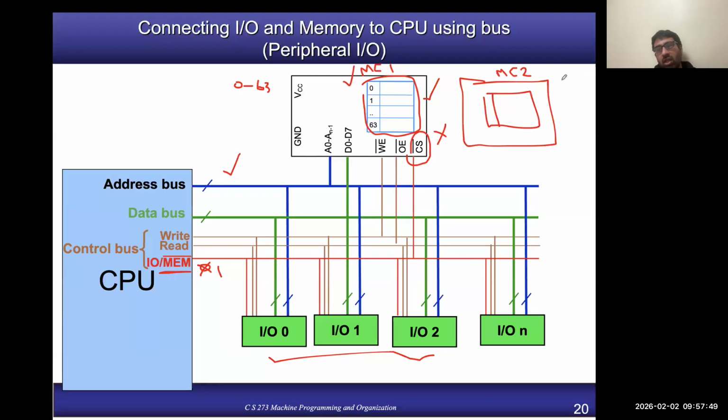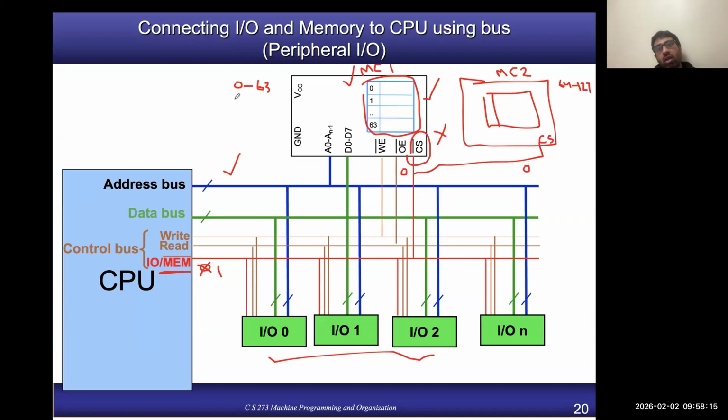But if the address is in the range 64 to 127, then this second memory chip should be selected. But how can I do that if the chip select of this chip is also connected with the same signal? If it is zero here, it is zero here, which means both are selected at the same time, which I don't want.